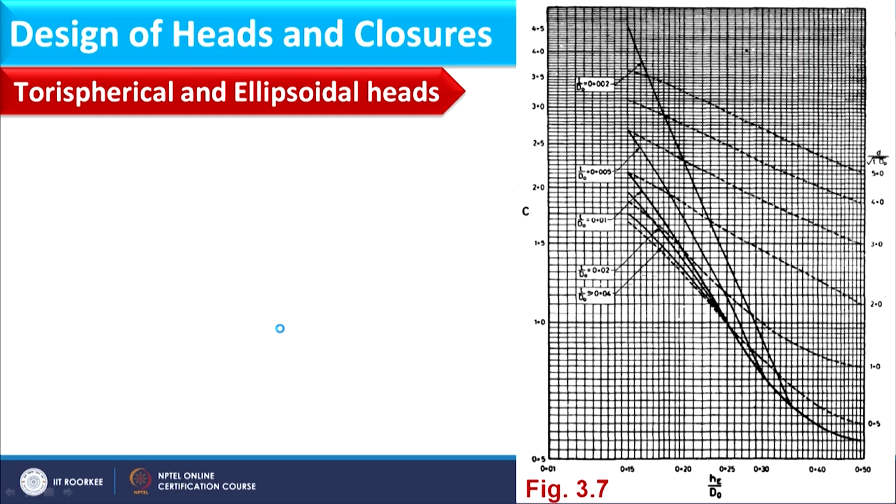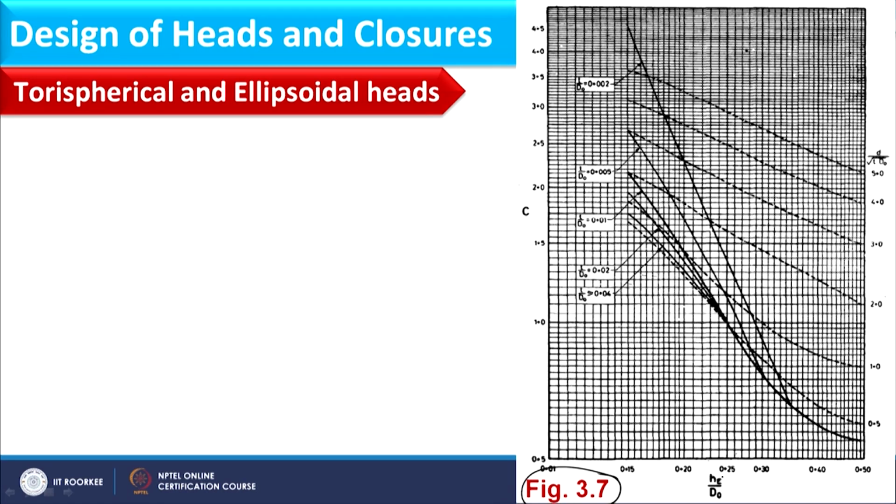Now, if you consider this particular slide, here I am having this image, which is figure 3.7 in IS 2825. So, that figure you can refer. The y axis of this figure is having factor C, whereas the x axis has the value of He by d naught.